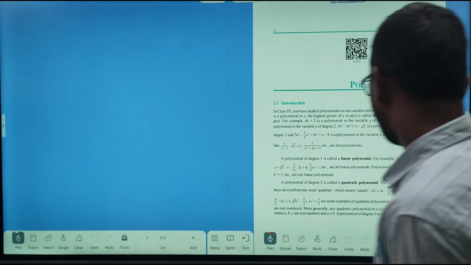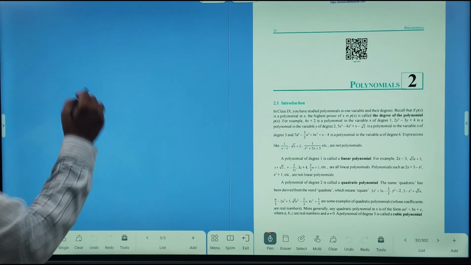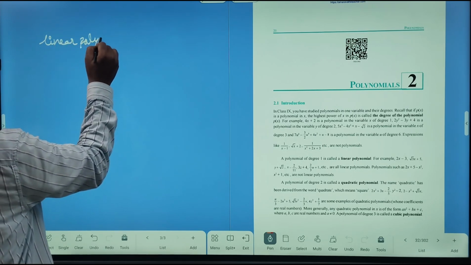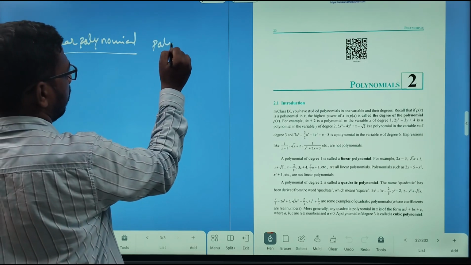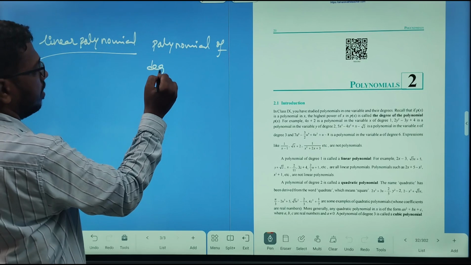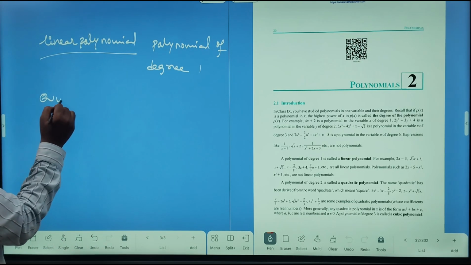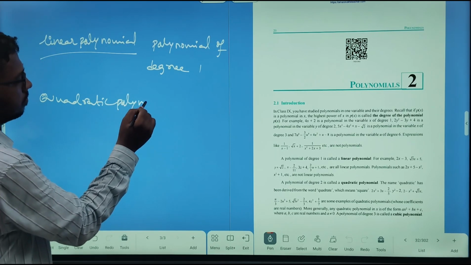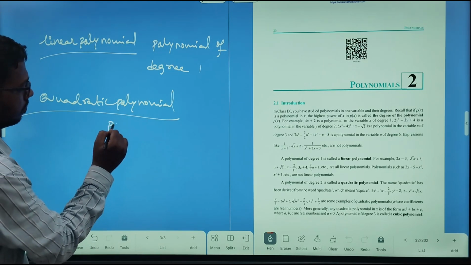Generally, a polynomial of degree 1 is called a linear polynomial. What is a linear polynomial? A polynomial of degree 1. Quadratic polynomial means a polynomial of degree 2.